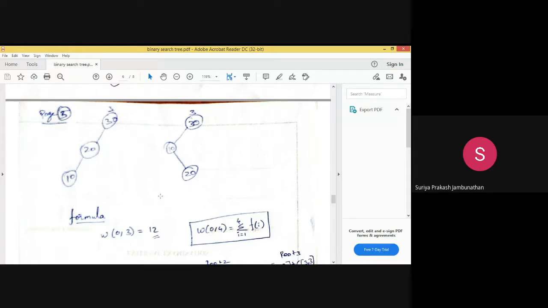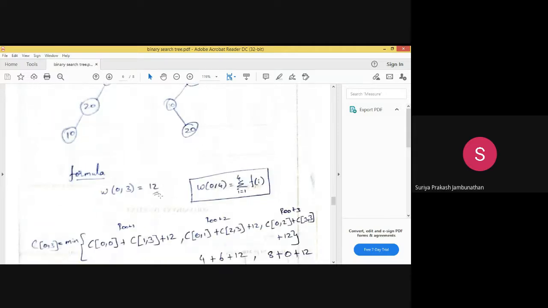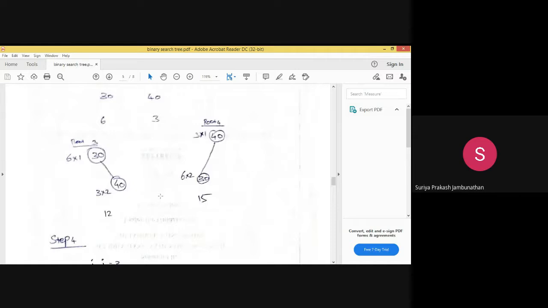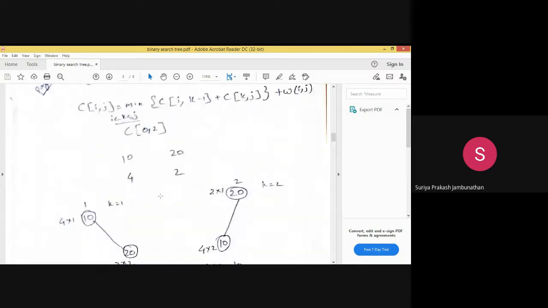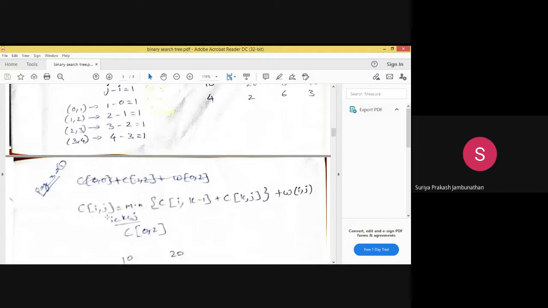So what we have to do is go for a formula. I will tell you the formula before going to that. The formula is C of ij equal to min of C of i comma k minus 1 plus C of k comma j plus W of ij.